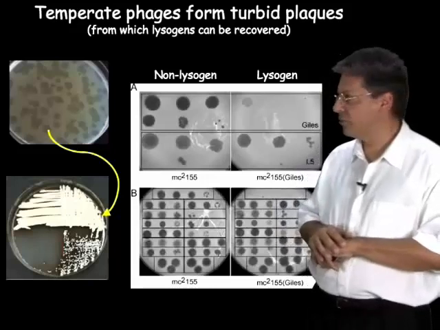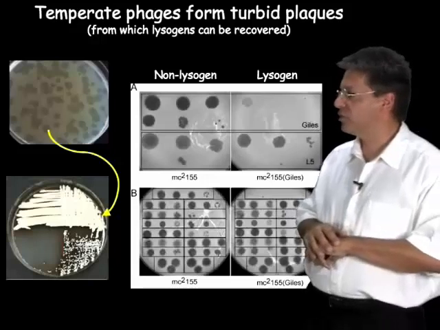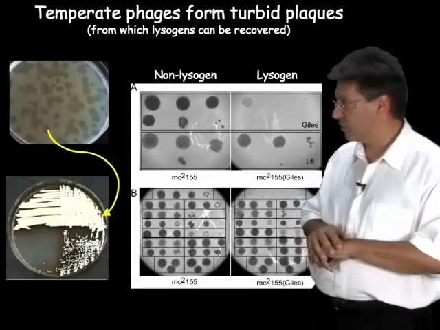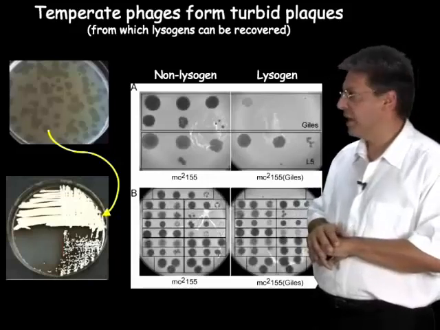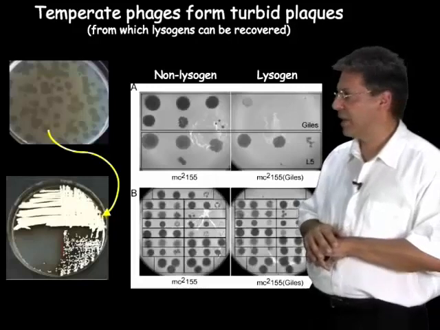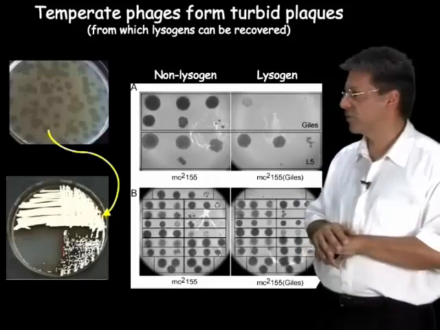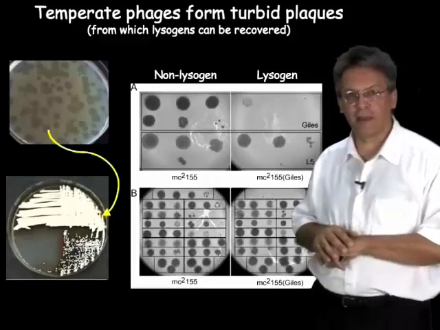But when you compare it with exactly the same dilutions of that particular phage onto a lysogen of itself, so this particular phage is called Giles, on the right is the Giles lysogen, and you can see that there is essentially very little infection, except perhaps a little bit of clearing at the very highest concentration of phage at the top left-hand corner of that panel.